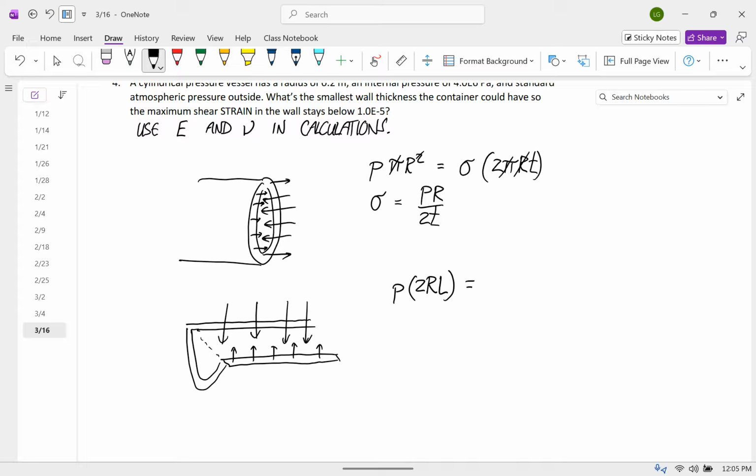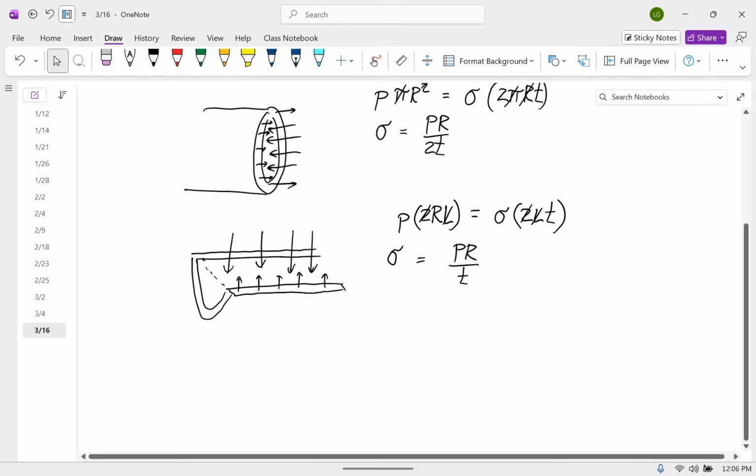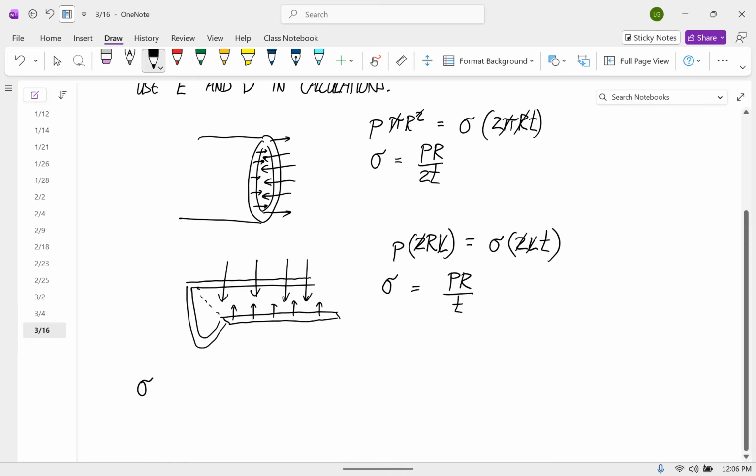And that is equal to the stress times the area of the two metal pieces on the edge. There's two of them. And then it is L times the thickness. And so the L's cancel, the 2's cancel, and here we get stress is equal to PR over T.